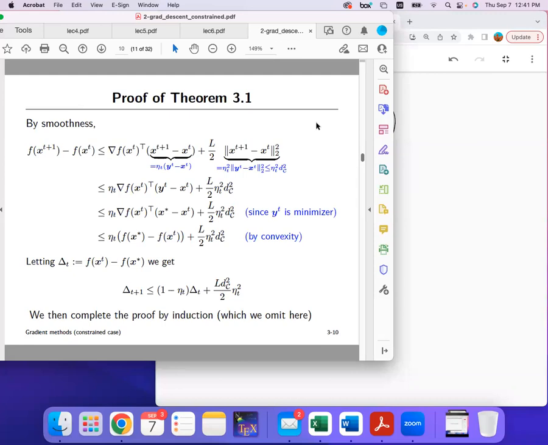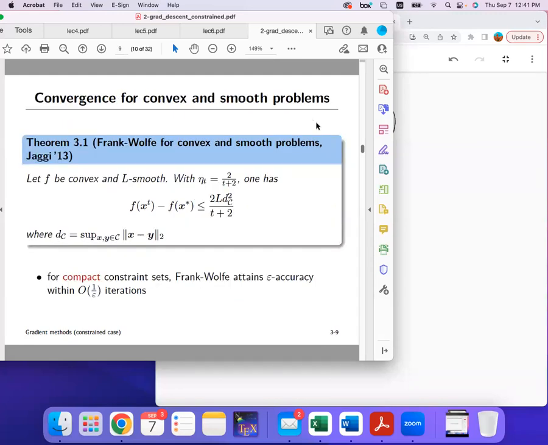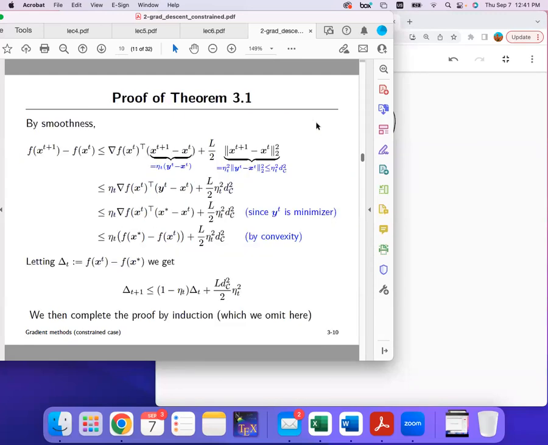Okay. Now let's look at the simple proof here. The proof again starts with what we call the smoothness inequality. Remember that if f is a smooth function, it satisfies this inequality for any two arbitrary points.